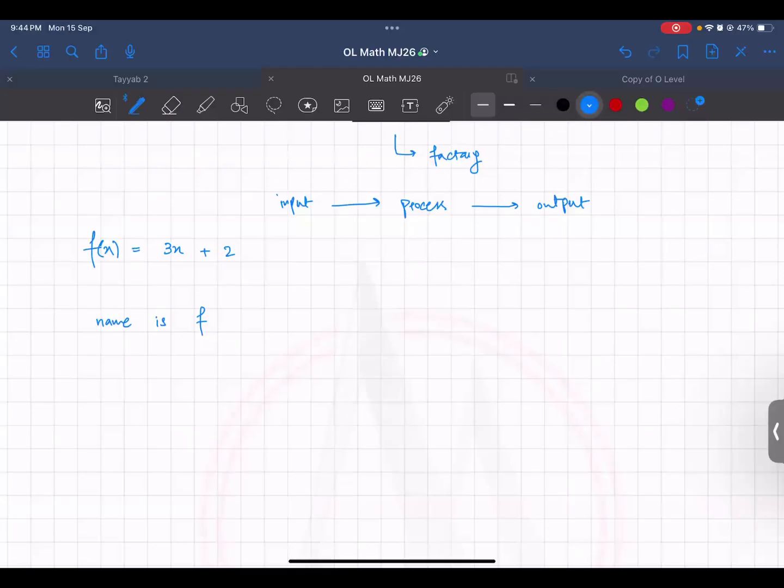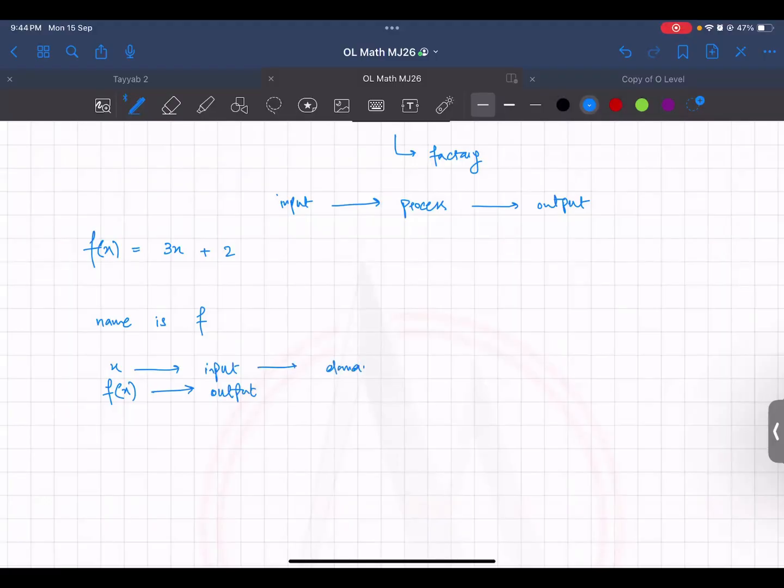The function is f, and the x is your input. When you input something inside it, the value of x, it will solve it, and then you will get the output, and that would be your function value f(x). Basically you substitute, right? Yes. And the value of x, we now call it the domain.